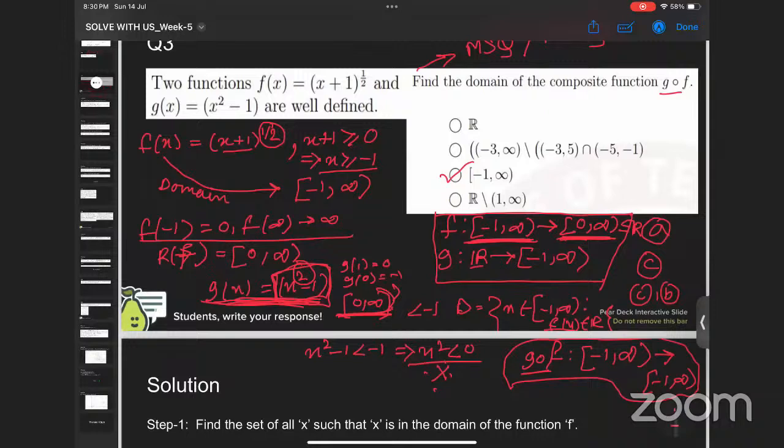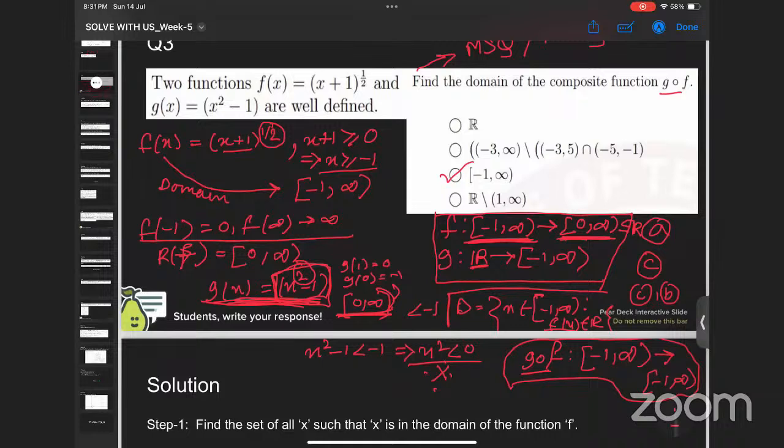Ma'am, I am not getting this g of f. I understood f's domain and range and g's domain and range, but how are we taking this g of f? So the domain for the composite function G compose F is this D, such that x belongs to the domain of F, such that f of x belongs to the domain of G. This is from the definition.